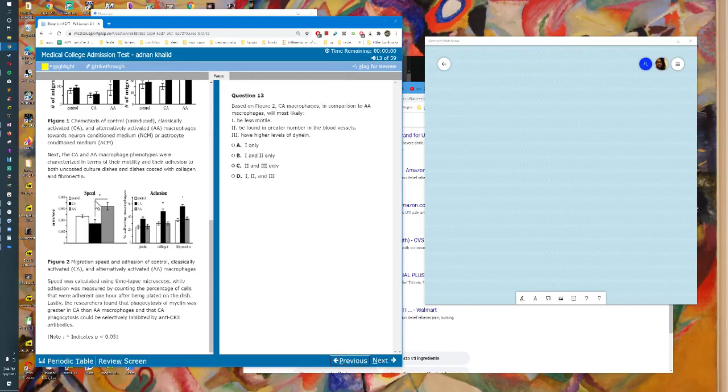And figure 2, migration speed is higher for AA. So they should be slower and greater number in the blood vessels. Collagen, fibronectin, which thing is in the blood vessels? Collagen.